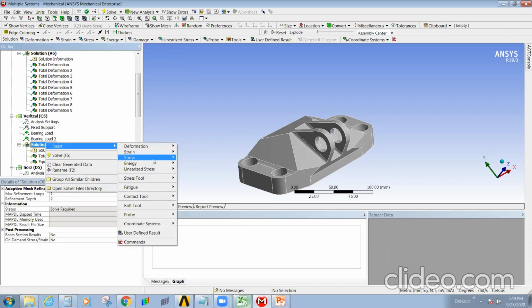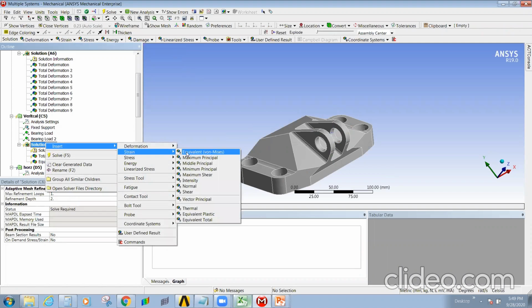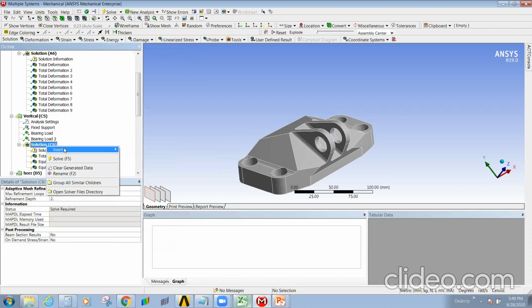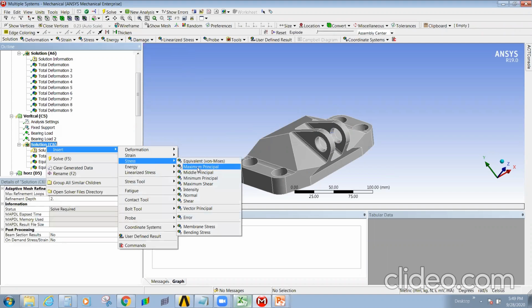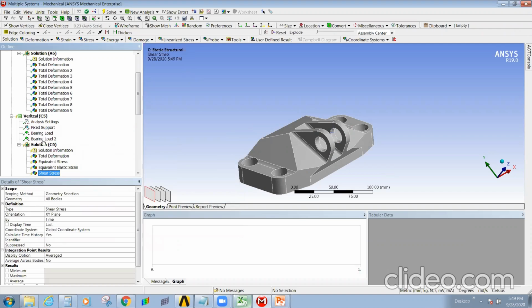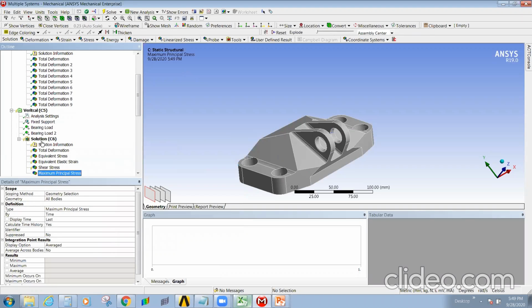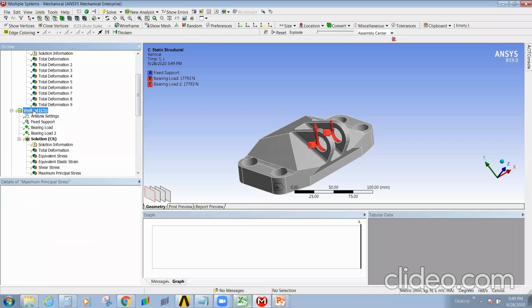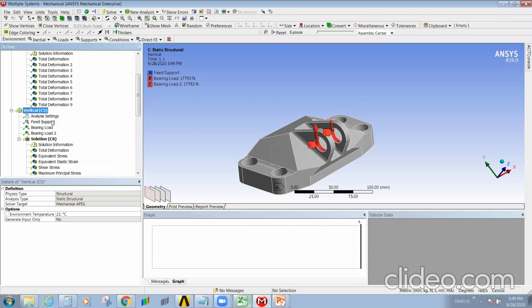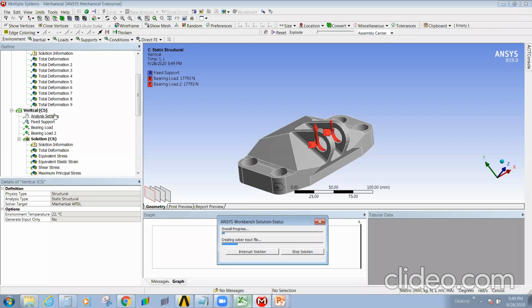If you also want strain values, you can add them. Even if you want maximum principal stress or nominal shear stress, maximum principal stress would be 1. Fine. For that, you need to give solve. Now your problem has been solved.